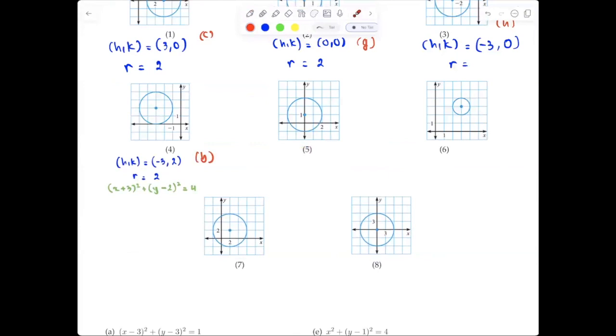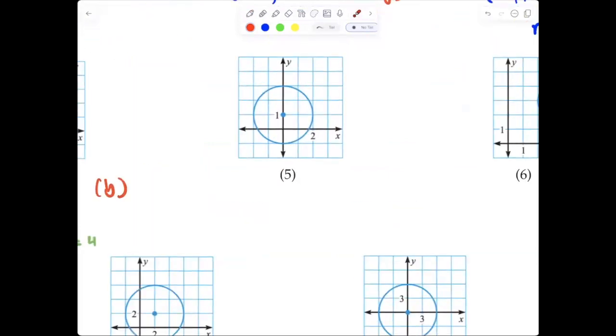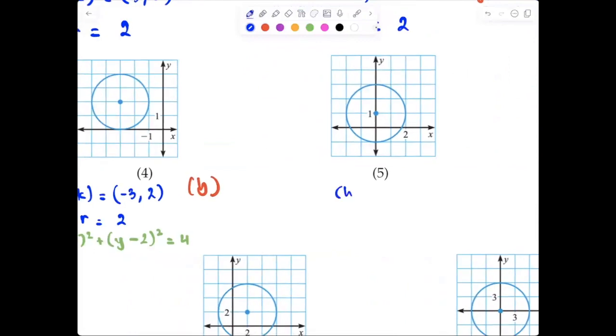For 5, the equation of the circle can be written using, again, the center and the radius. So the center, h comma k, h is equal to 0 and k is equal to 1. And the radius is also equal to 2.